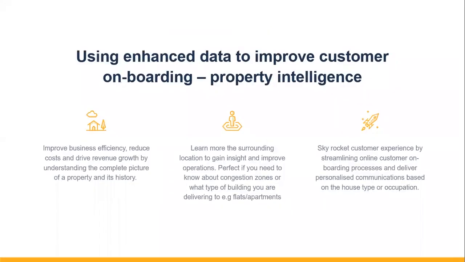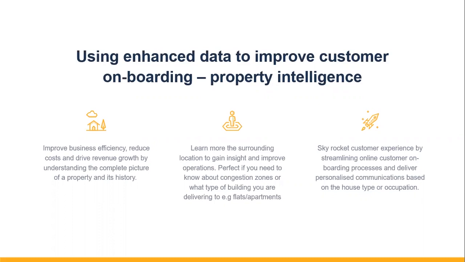In addition to this, we've got some more products that we call property intelligence. And the interesting thing for this, especially for more considered purchases, is if you're ordering a large item like a sofa, for example, wouldn't it be nice as a retailer to get more information about that property? Is it in a congestion zone? What kind of building is it in?